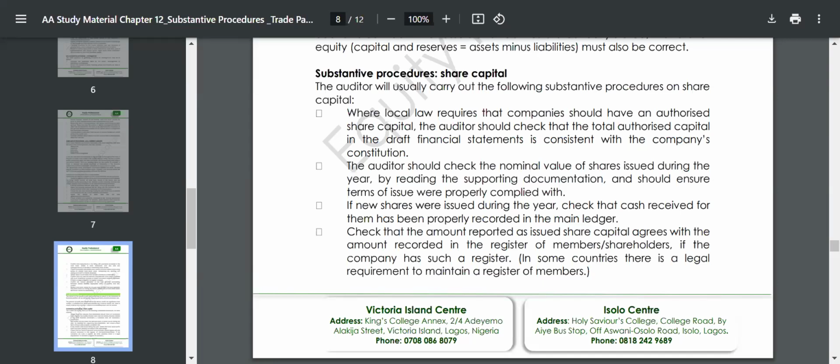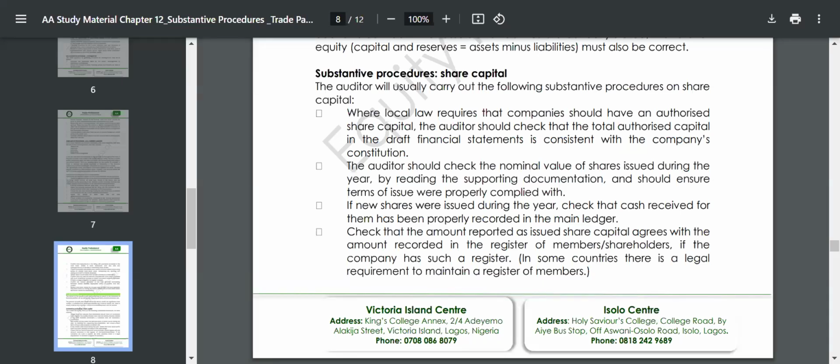So the first thing we are looking at under audit of equity is the substantive procedure for share capital. What is share capital? There are companies that make their shares available to private and public individuals to own. So if it's a public company, let's say MTN, the shares are public, you might buy shares in it.